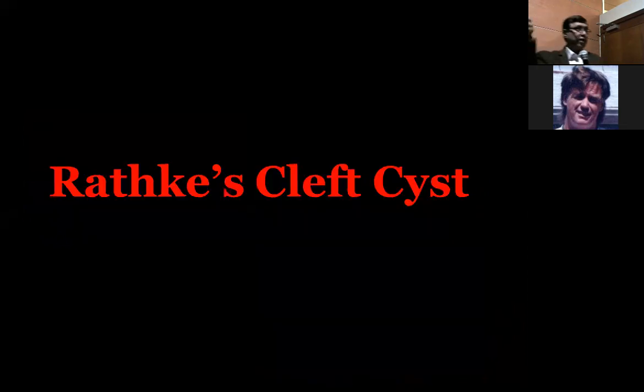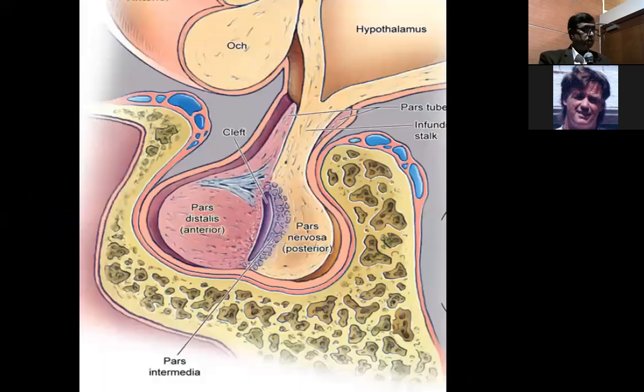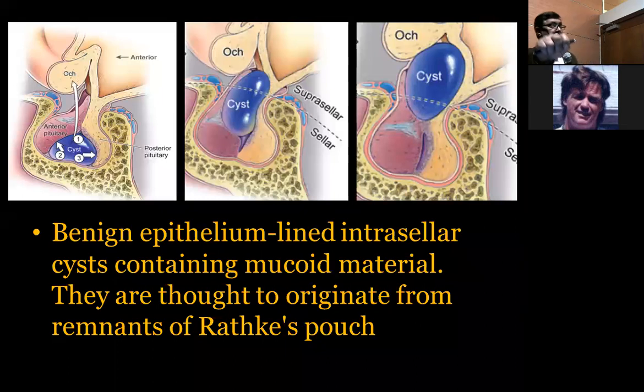So what is Rathke's cleft cyst? If that remnant remains, then it's going to cause a cyst. Remember, that's the cleft, and it should disappear. If any cells remain, it will cause a cyst. So the cyst will form in here.